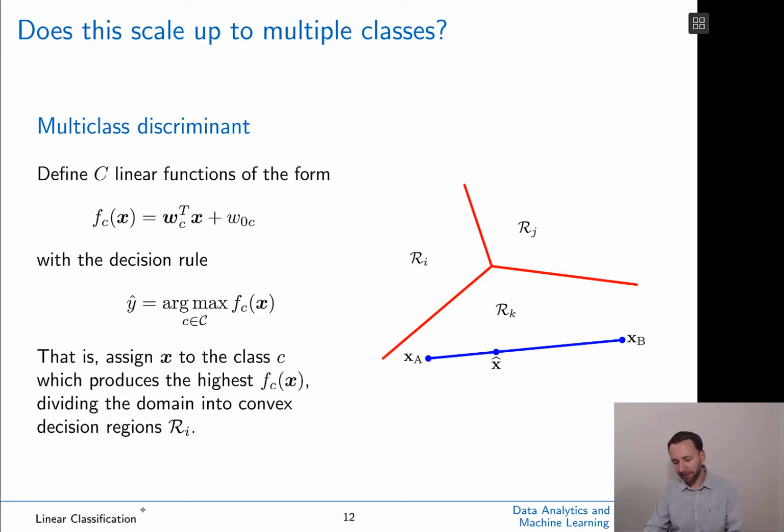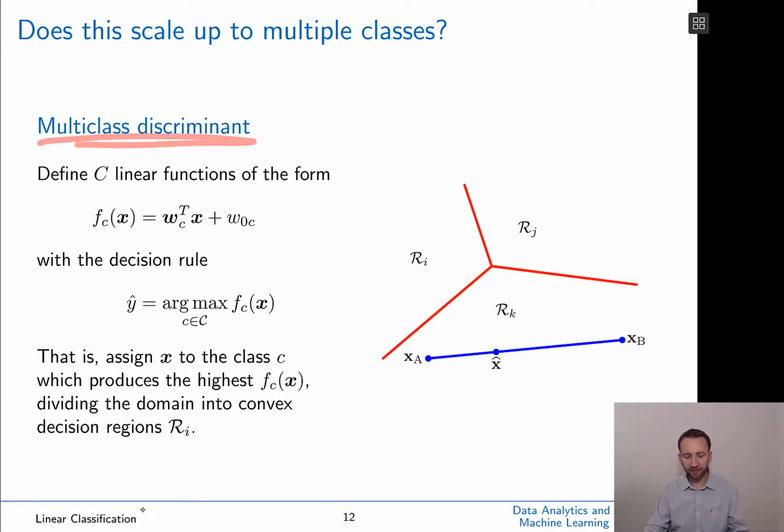As it turns out, this still leads to linear decision boundaries. We talked about decision boundaries in the KNN. Decision boundaries are the boundaries between different classes where we technically can't make any decision. So this here is either I or J, this is I or K. Here we even have 3 classes meeting, so we are undecided.